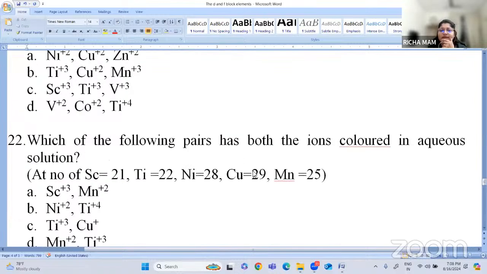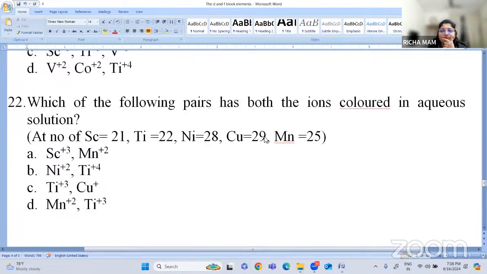Which of the following pairs has both the ions colored in aqueous solution? Atomic numbers are given of scandium, titanium, nickel, copper, and manganese. So for the ions to be colored, what is the necessary condition?